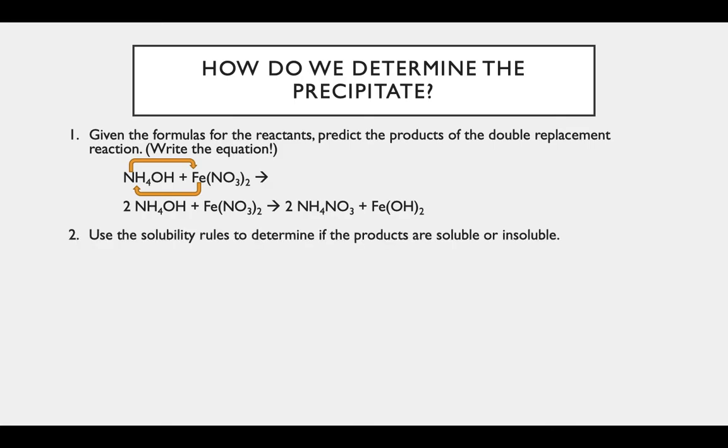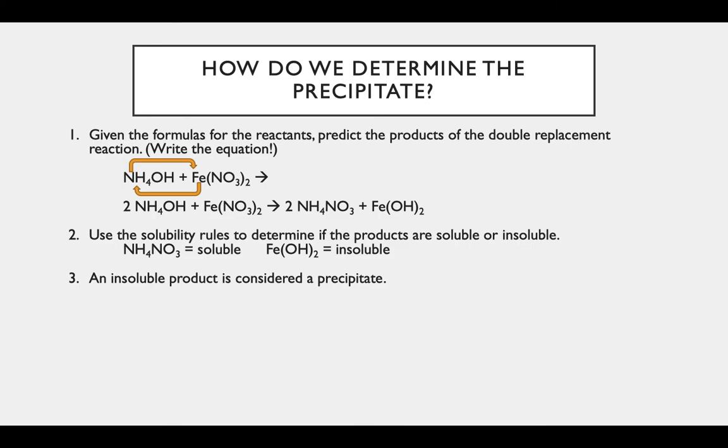After you've written that equation, you then need to examine the products and determine whether or not they're soluble or insoluble. If I look at those two products, I have ammonium nitrate, which contains 2 soluble ions, so that's definitely going to be soluble, and iron hydroxide, which contains the hydroxide ion, which is mostly insoluble, and iron is not an exception. So iron hydroxide is going to be insoluble.